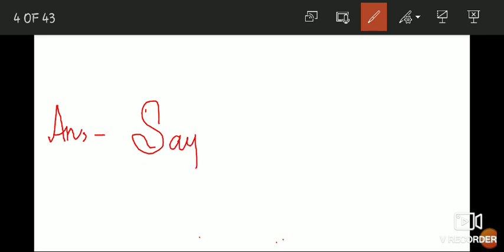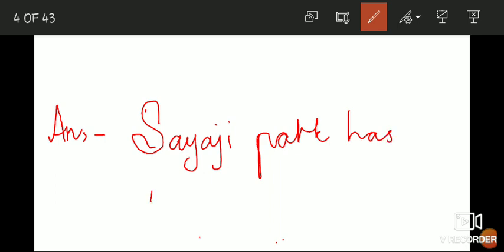Answer will be, Sayaji Park has 93 more trees.